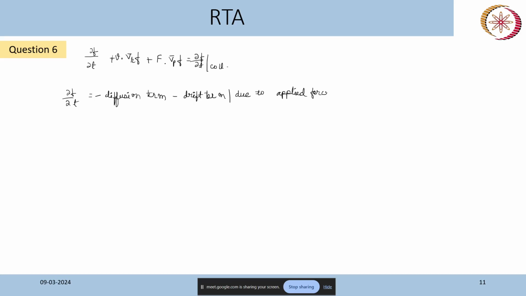And this applied force is external, meaning some applied electric field or magnetic field, not the field inside the material that actually leads to collision and other phenomena. So this is the external applied field, and the third is the collision term.